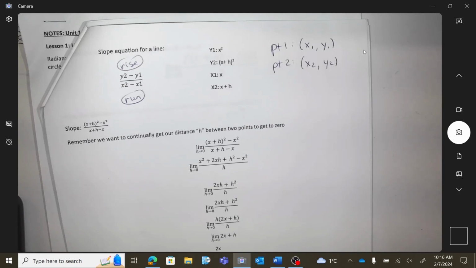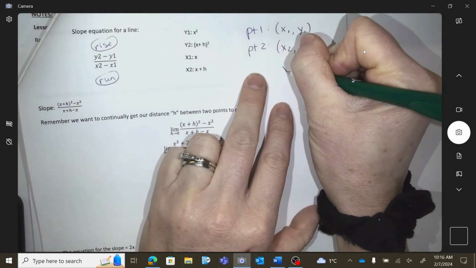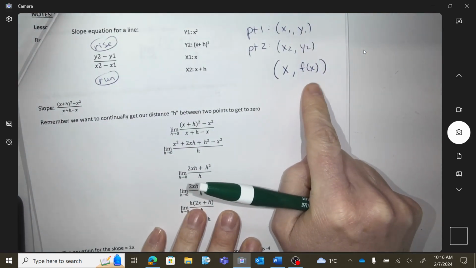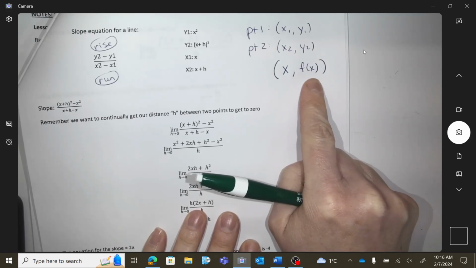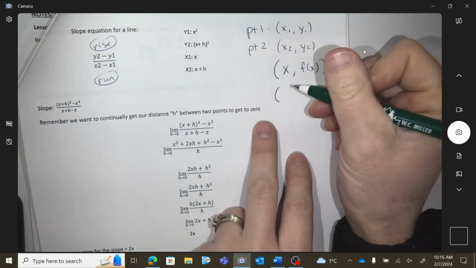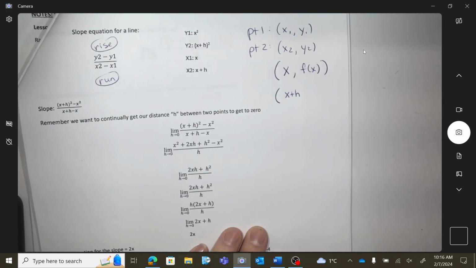Okay, so now we're going to put that into a functional notation. So instead of using x comma y, I might use x comma f of x. Does that make sense? Instead of y. And on the second coordinate, we're going to go x plus h.